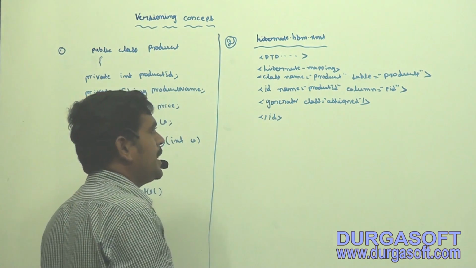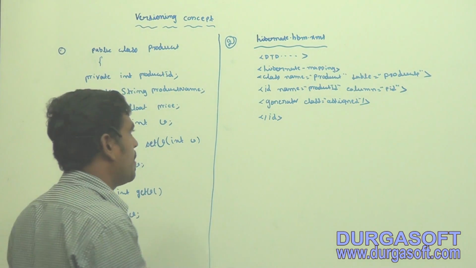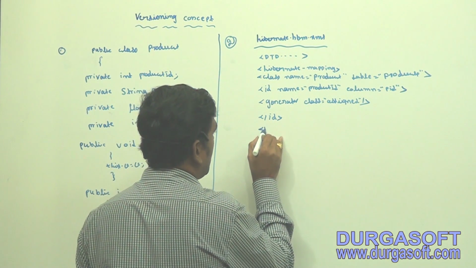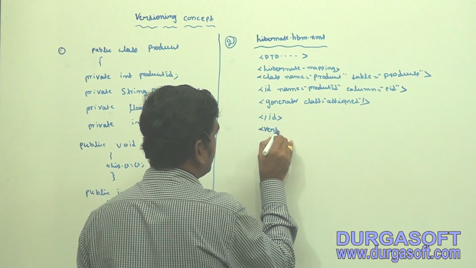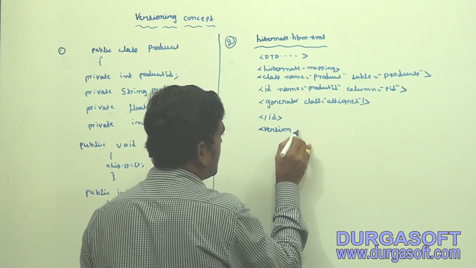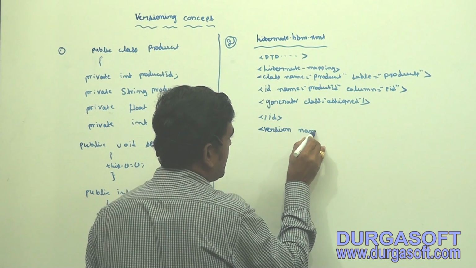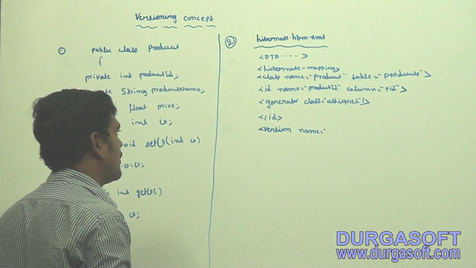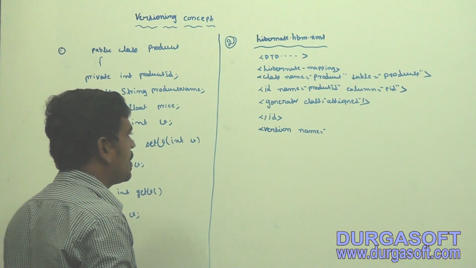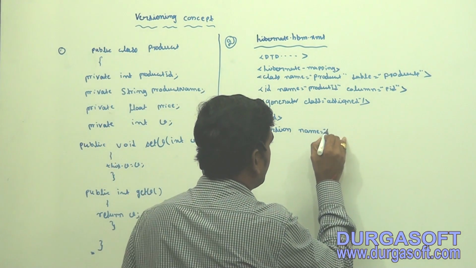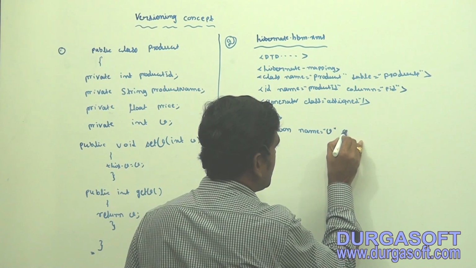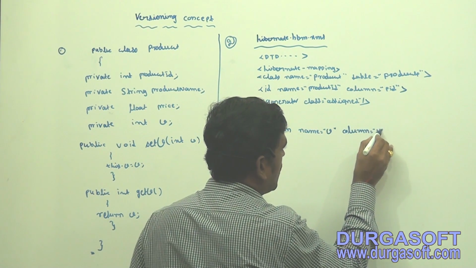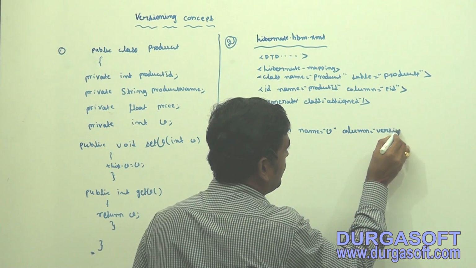After the id element, immediately we can take one predefined XML tag called version. Name is equal to v, column is equal to version.